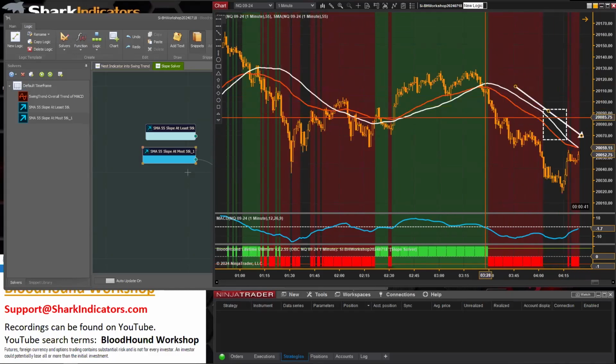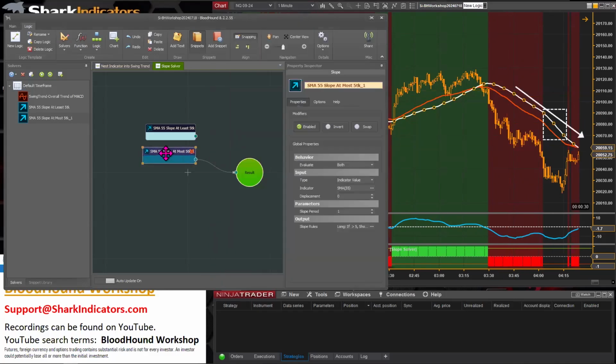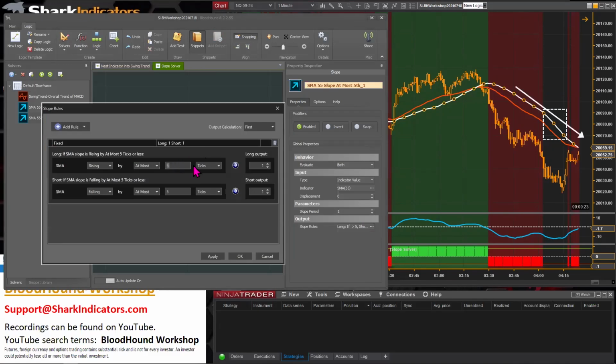The way you measure the angle of something is using slope, and more specifically, as my first 2 examples are using, we're using 5 ticks of slope. Typically you're going to want to use ticks when you're looking at the slope of something, like a moving average, and we'll get into this a little more in depth later on.